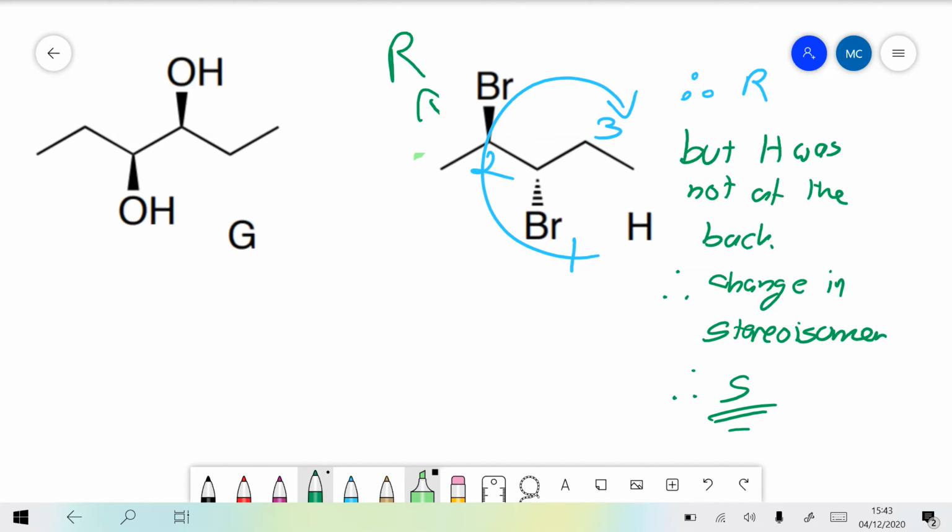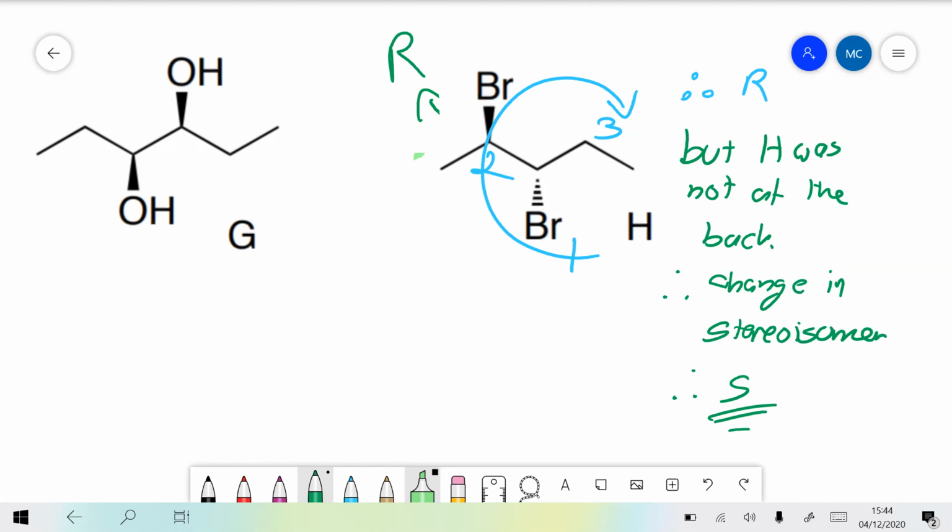Now, because you have 2 carbons on the same plane, when you change from an atom being in front to the back, we are literally going to change from R to S. When you rotate, you are changing from R to S. So if the priority group is on the front, it will be S. If it's on the back, it will look like an R. On paper, not in reality, because if you're playing with the structure, it should remain the same.